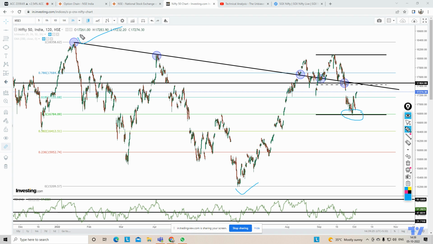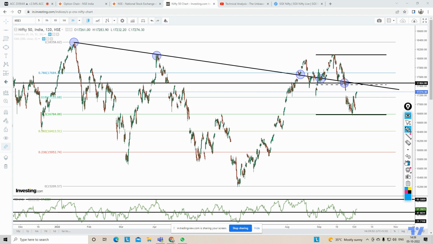So this was the top and this was the bottom. And recently, last week, Nifty exactly took the support from here only, right? So this dashed trend line which you are seeing is the 50% of these two areas, which is the latest high and the latest low for us.